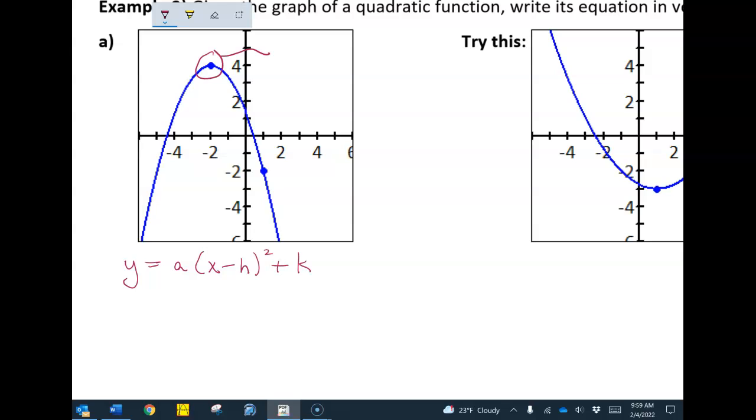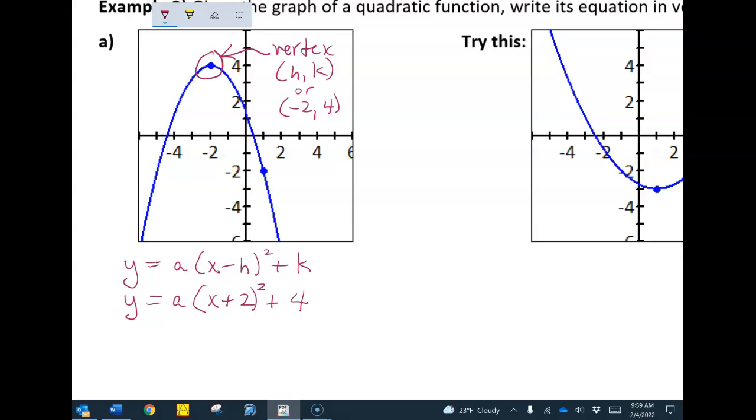We have the vertex right here, and our vertex is h comma k, or in this case, that would be negative 2 comma 4. So if we replace the h with negative 2, then we get x minus negative 2, which is x plus 2 squared, plus k, which is 4.